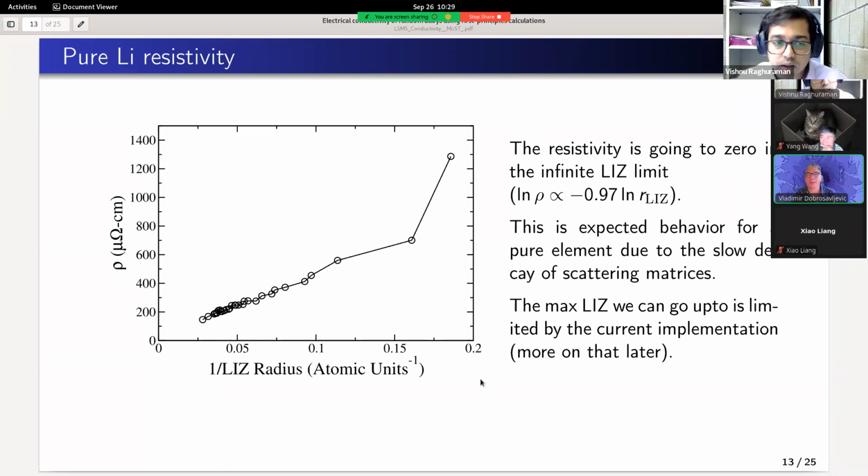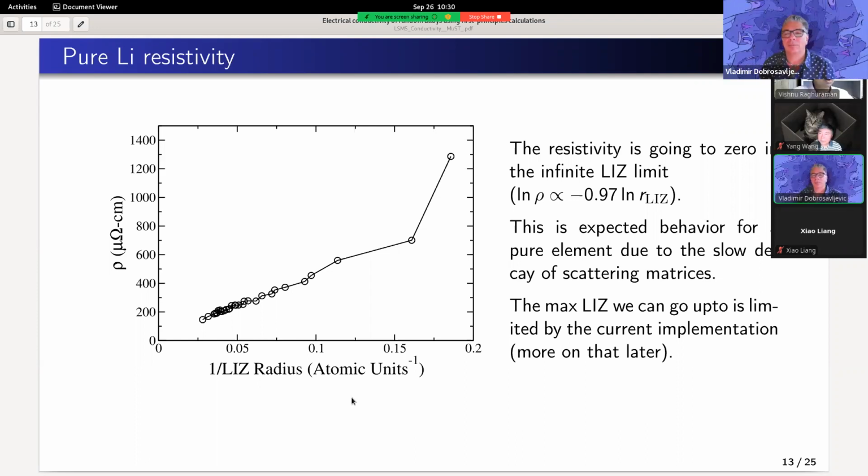Yeah, so I took the log of both of them and fitted that to a straight line. So that's the slope. This is essentially almost linear. Since this is almost linear, it does seem that it's going to go to zero. Ultimately it would be wonderful if we could have a data point there which is zero.